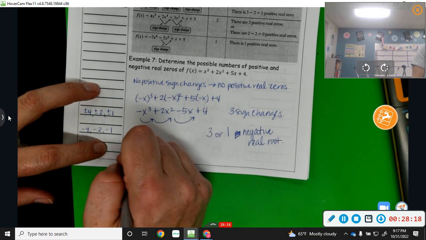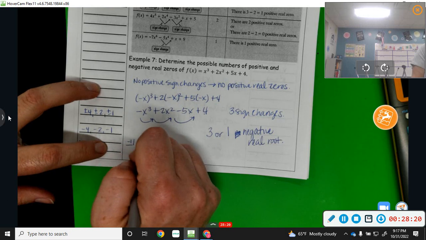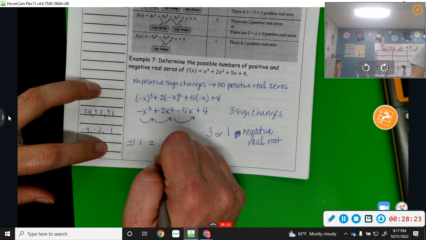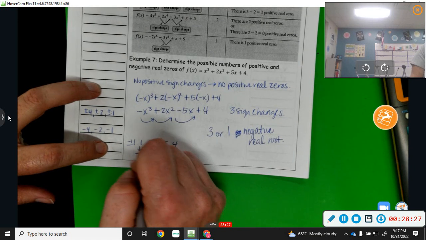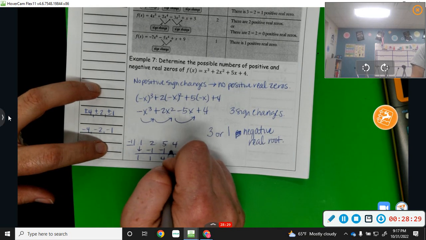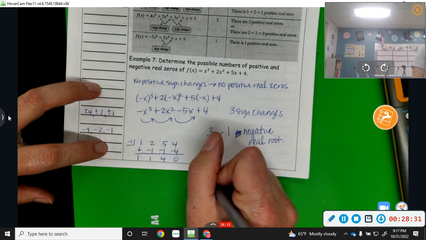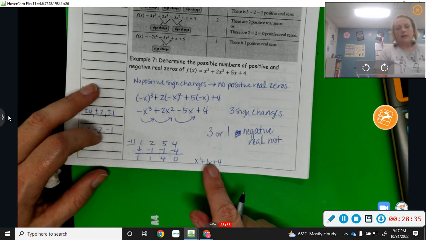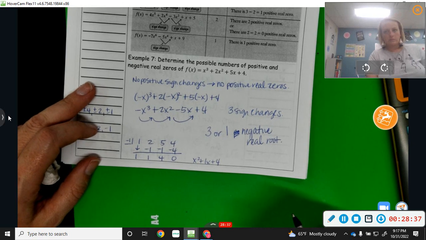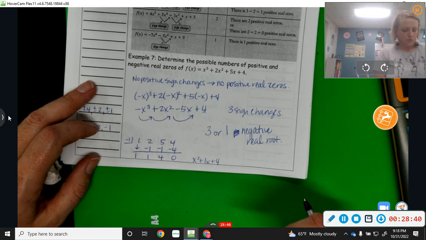And just for the sake of time, we're going to show you that it's negative 1. So we have 1, 2, 5, 4. Okay. And so then we get x squared plus 1x plus 4, which in this case will not give me a real root.